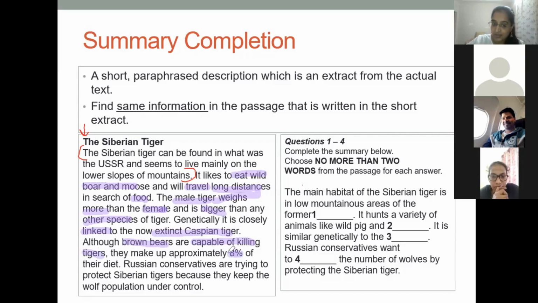A number is there, so mark that also: 8% diet, Russian conservatives protect tigers, wolf population under control.